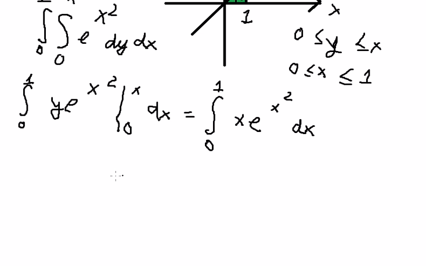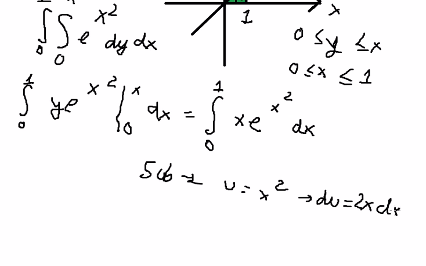So we can use substitution. So we put u equal to x square, du equals 2x dx. We divide both sides by number 2. And now we need to change the bounds in here. If x equal to number 0, so u should be number 0.